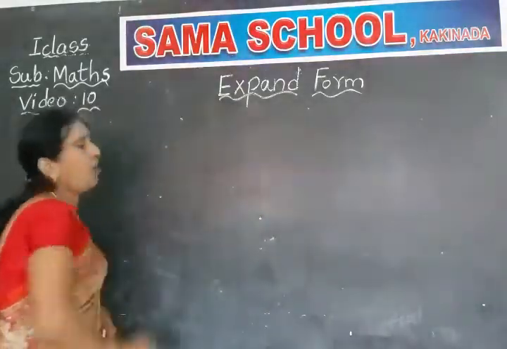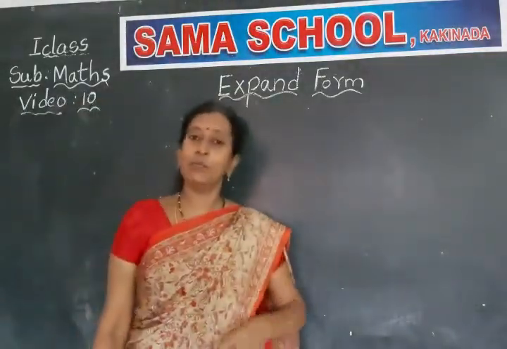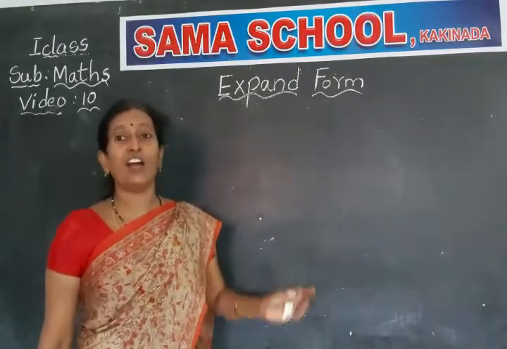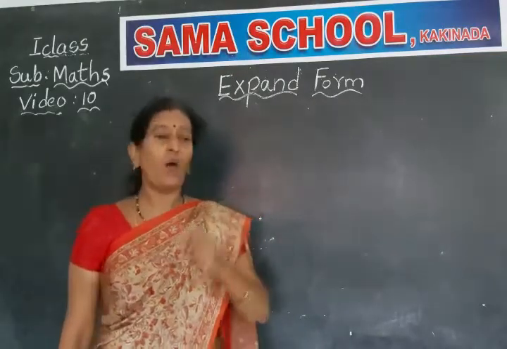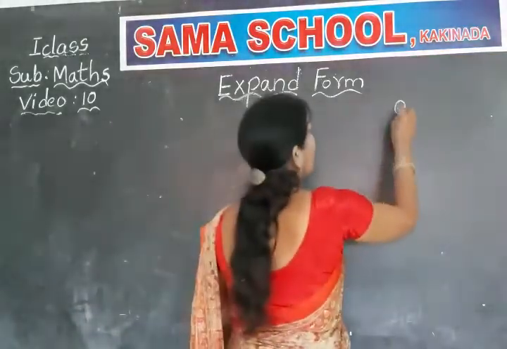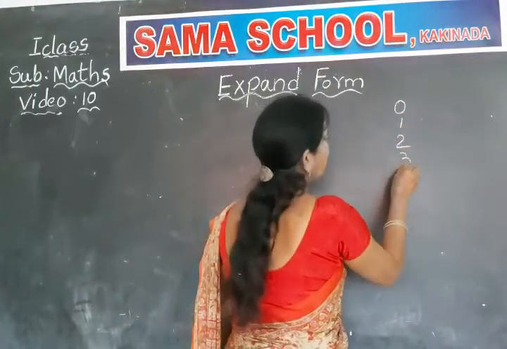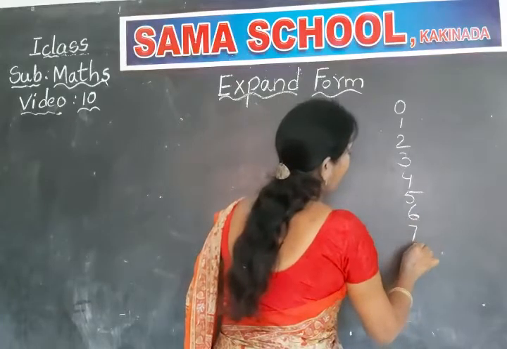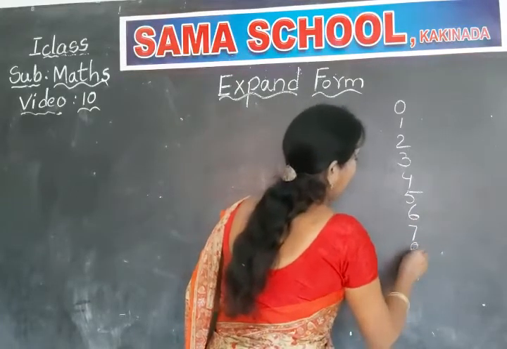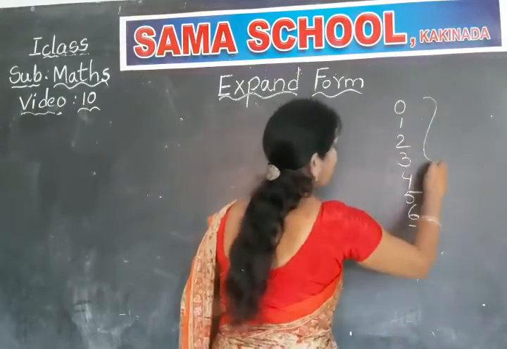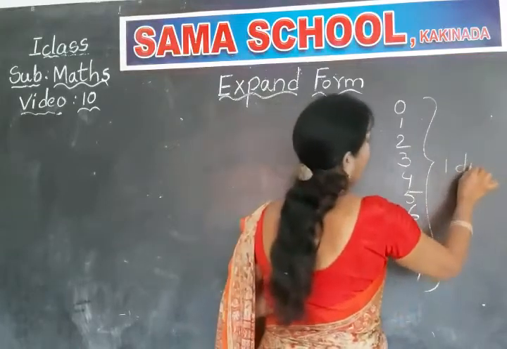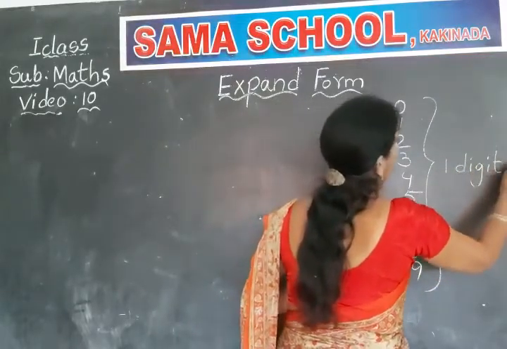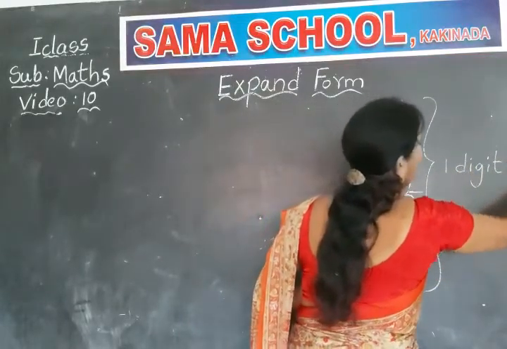See here. You already know the 1 to 9 numbers. 0 to 9 are what digit numbers? 1 digit numbers. 0, 1, 2, 3, 4, 5, 6, 7, 8 and 9. These are 1 digit numbers.